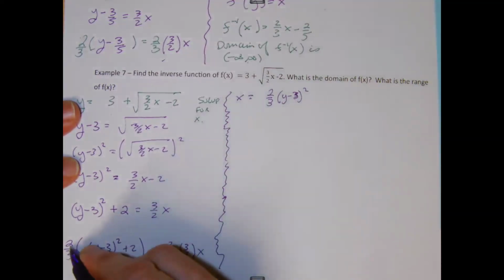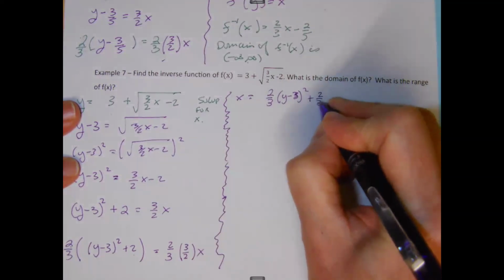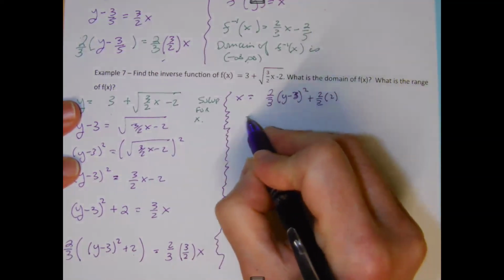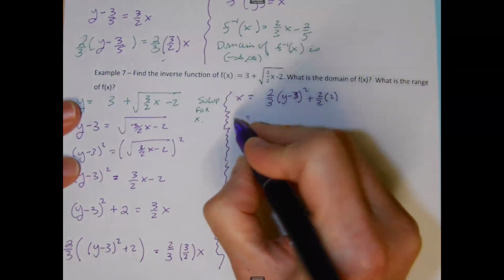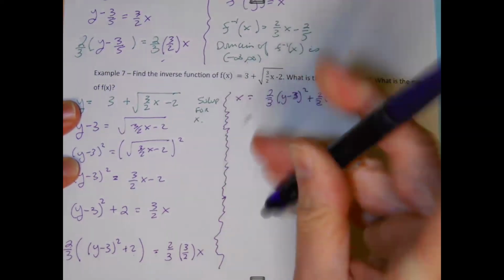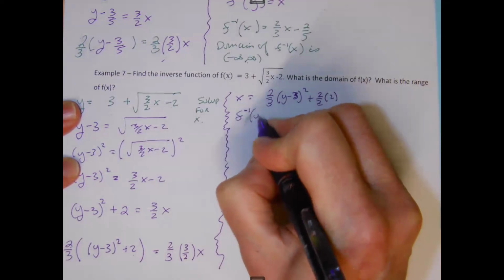And the next part is 2/3 times 2. So I'm going to again show this so it's clear what I'm doing. And I'm going to clean this up now. I'm also going to replace x with its inverse. So notice it's inverse of y.